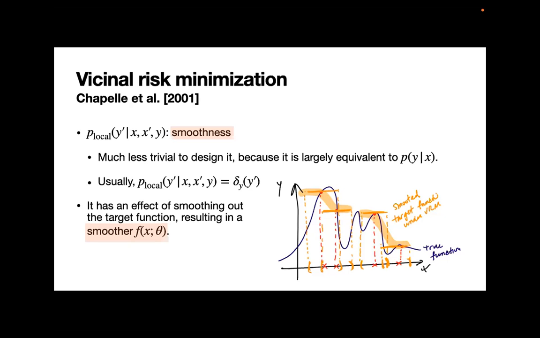You can see it here. Let's pick any one of the training examples and imagine a vicinity that is defined. Then we simply say that all the points in this vicinity share a single label, the label of the centered one, the original one. By having this kind of local distribution on the target be flat, we impose smoothness on the target function that we're going to train.